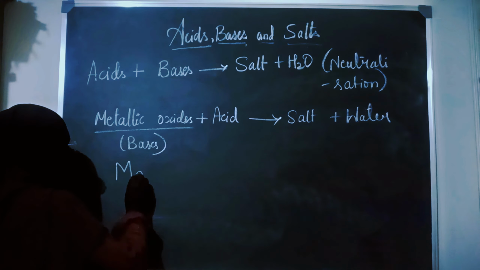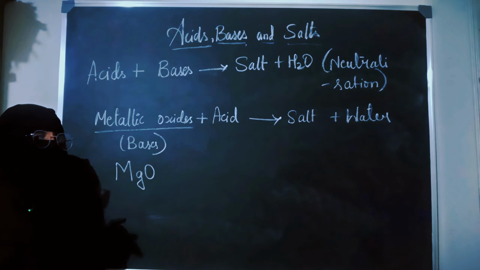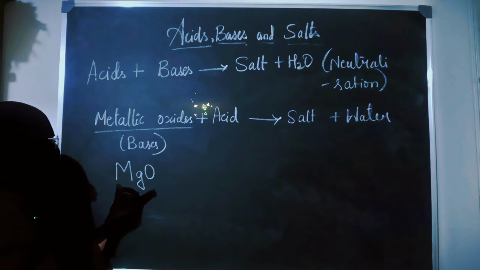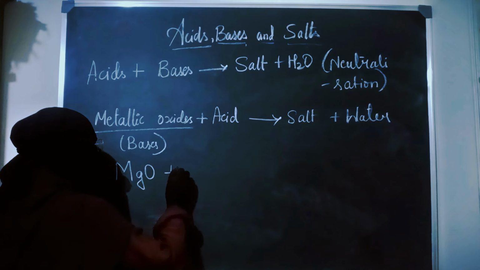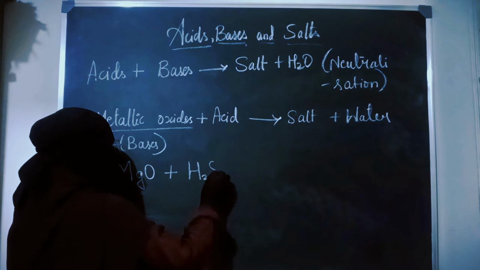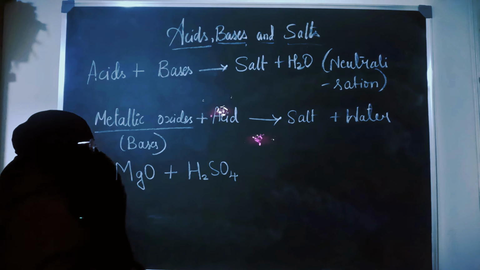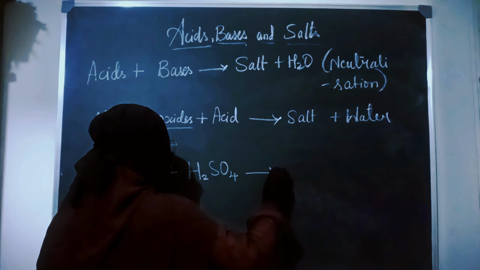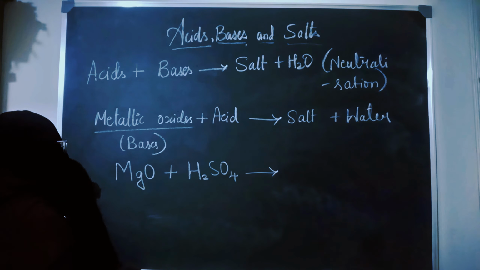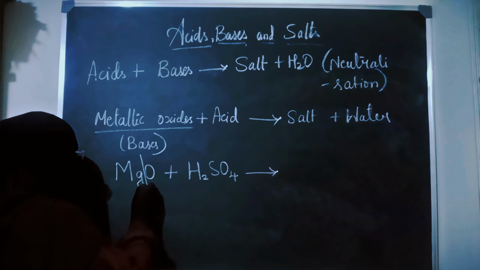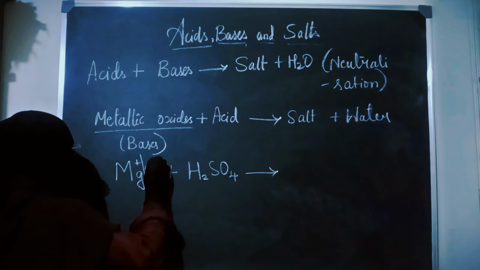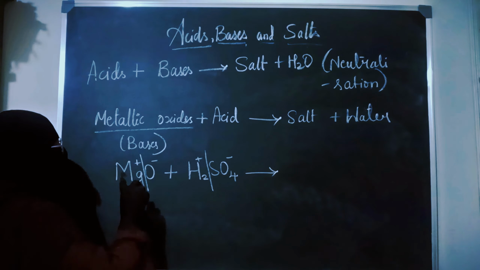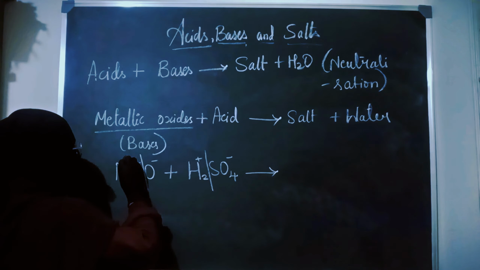Let us take one simple example and try understanding this. For example, if I take MgO, Mg is a metal, with the oxygen, so magnesium oxide. If I make it react with H2SO4, if I allow this reaction to take place, I'll get to see this. Again, magnesium oxide will break into Mg2+ and O2-, H2 plus and SO4 minus, leading to the formation of this anion.